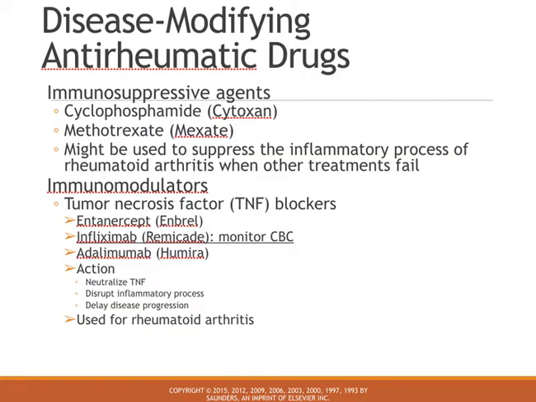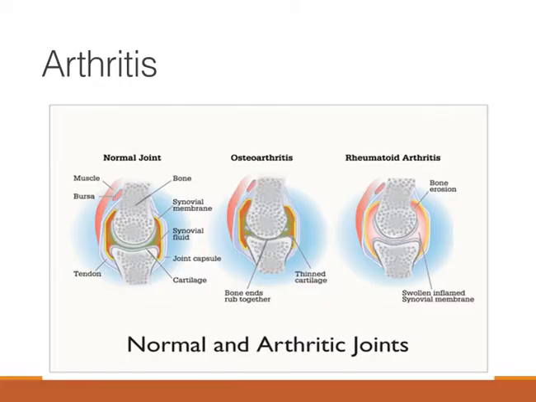So let's talk for a minute about arthritis. This picture shows you a normal joint, an osteoarthritic joint, and a rheumatoid arthritis joint. With osteoarthritis, there's a thinning of the cartilage and then the bones rub together, which causes pain.